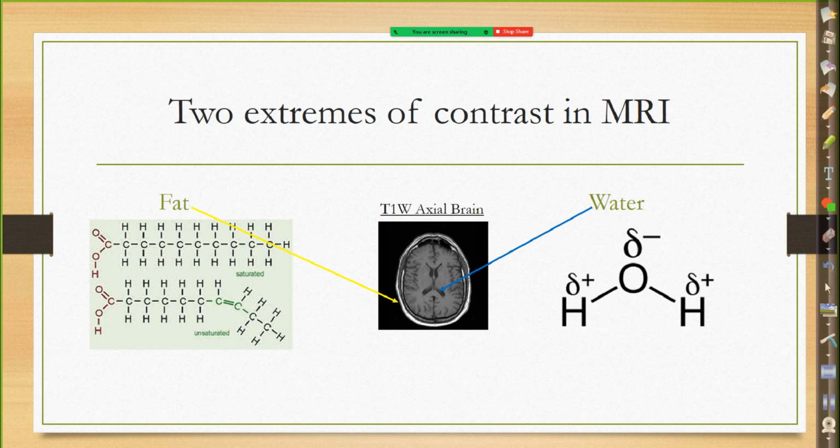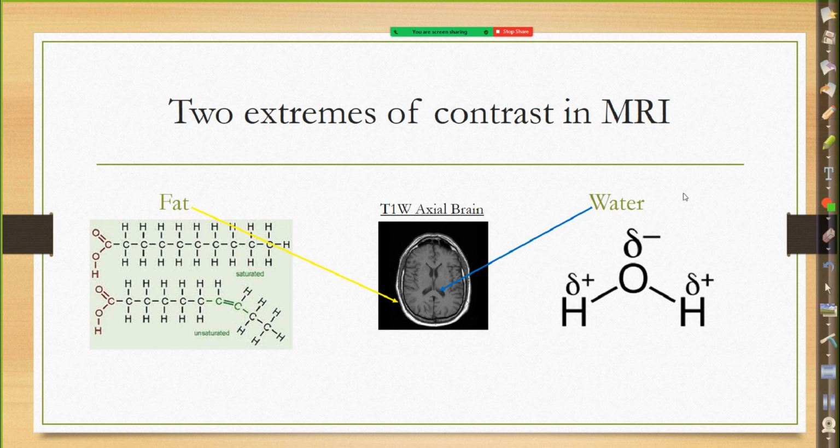So we have two extremes of contrast in MRI, and those are fat and water. And look here, this is a T1 weighted axial of the brain. And on this image, fat, which is right above our skull, on the periphery of our skull here, is bright in signal.